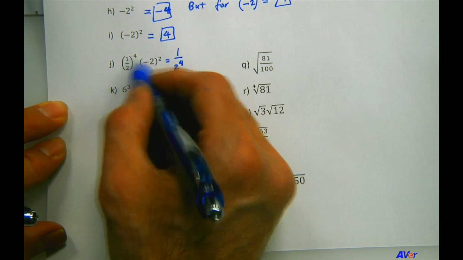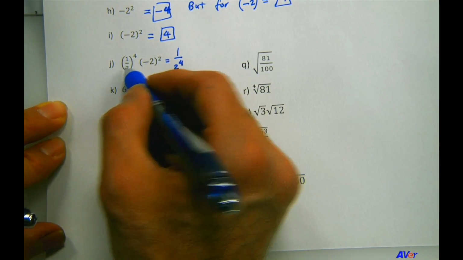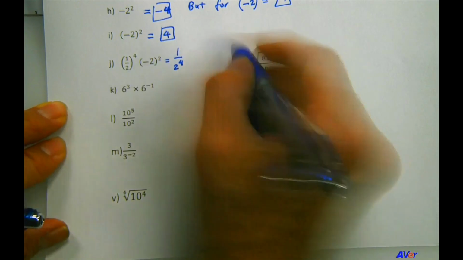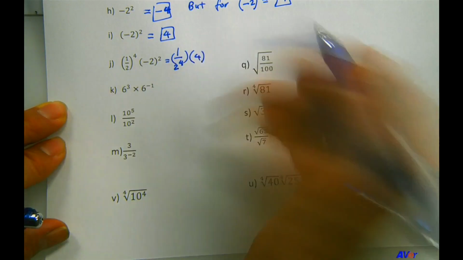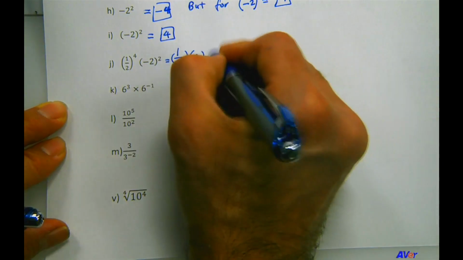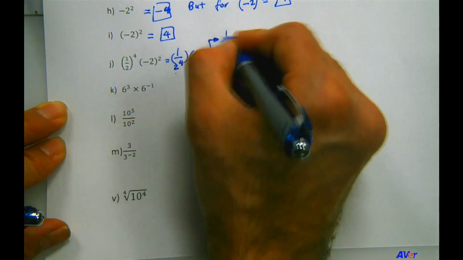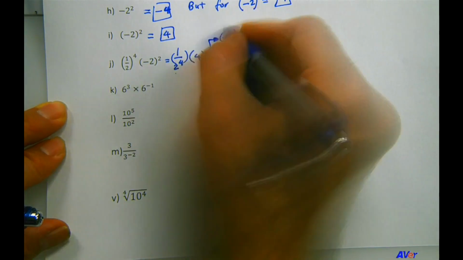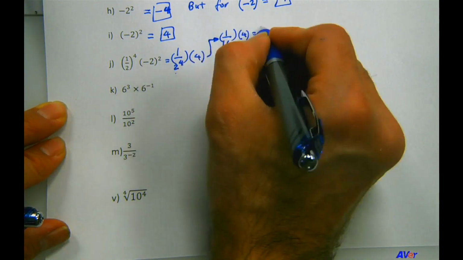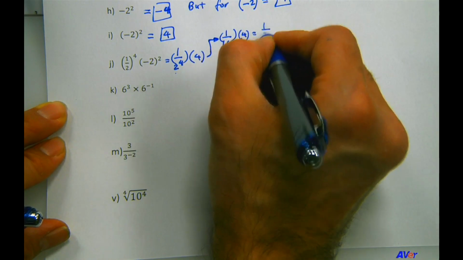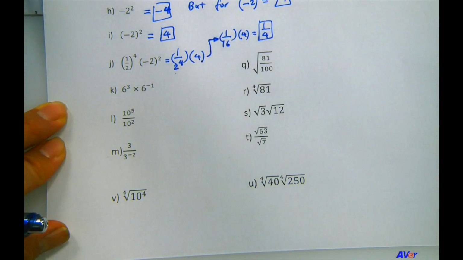We could not do this if we had terms on the inside that were being subtracted or added. So that times -2 squared is 4. So let me bring it up here and simplify. 1/2 to the 4th is 1/16, and then times 4. So 4/16 simplifies to 1/4.